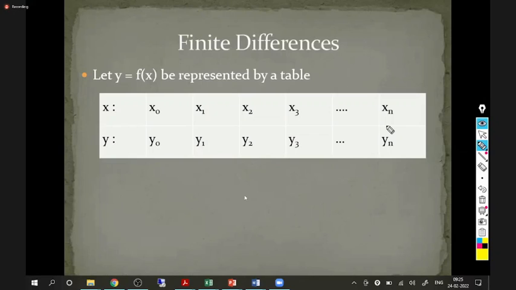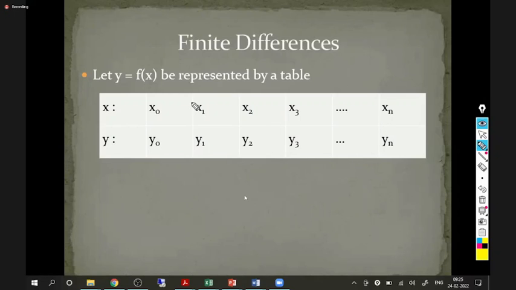I am repeating: whenever n pairs of x, y are given, they can be approximated by an n minus 1 degree polynomial. Once we get that polynomial, we can predict the values at unknown places. We can use it for prediction purposes, and indirectly we know the functional nature completely.